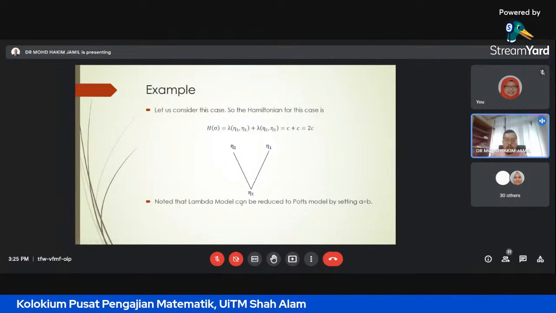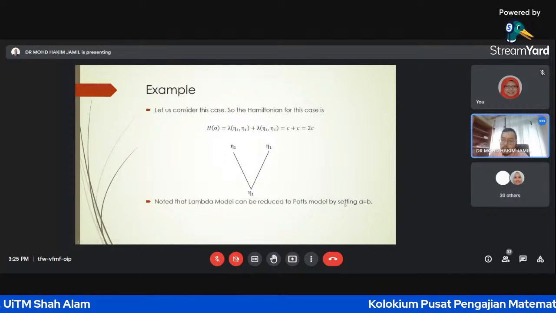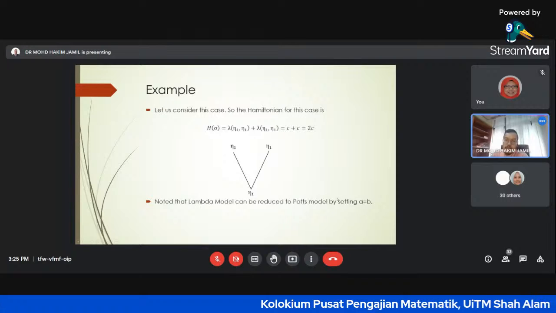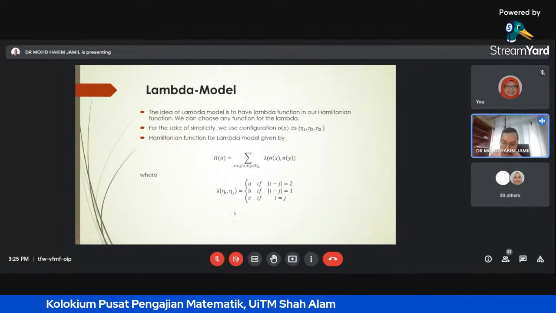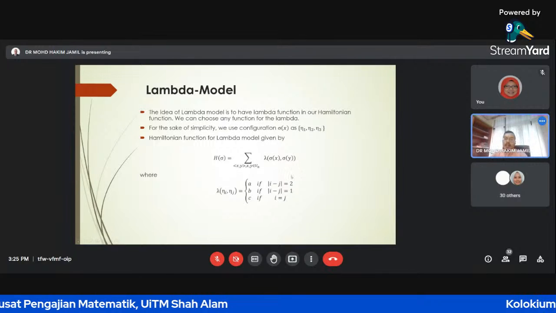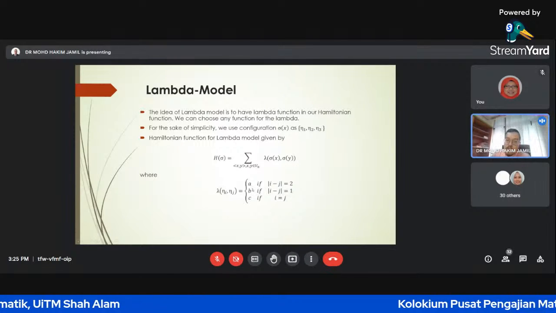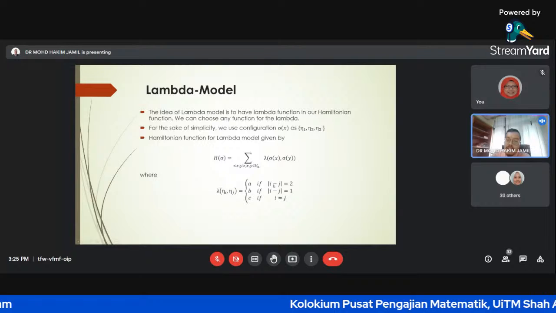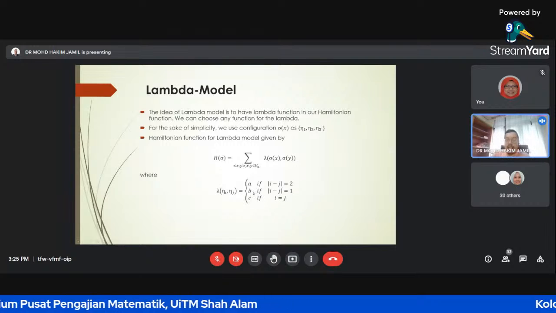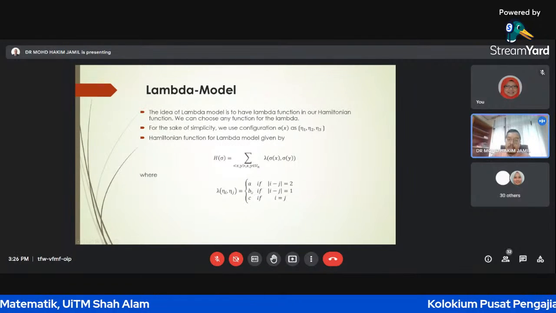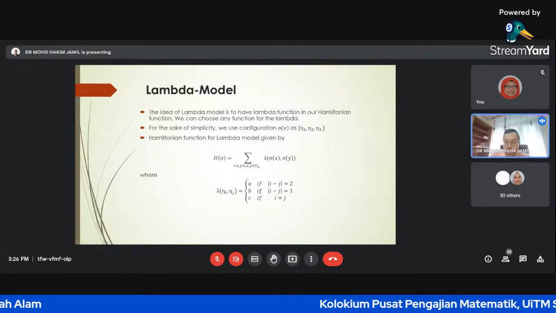Note that the lambda model can be reduced to the Potts model by setting A equal to B. As we can see from this lambda function, if we set A equal to B, which covers the different i and j cases, then we have a Potts model with A equal to B equal to 0 and C equal to 1.